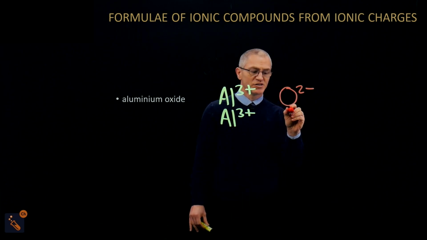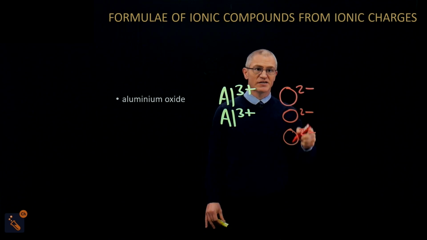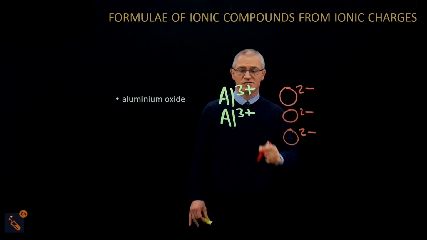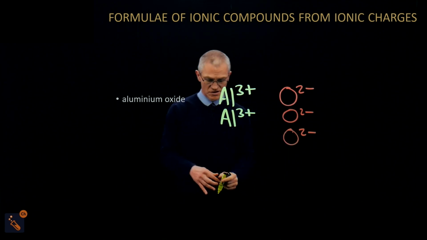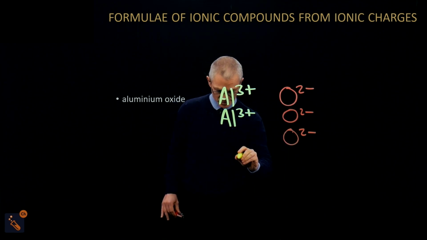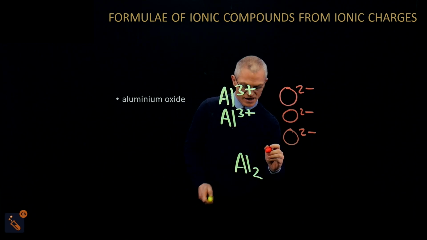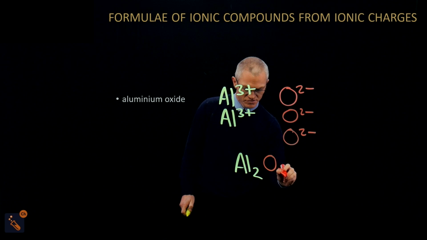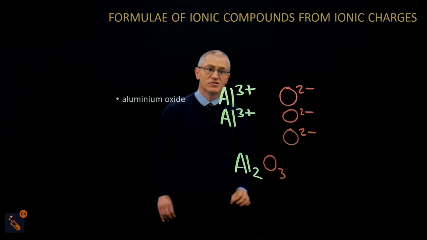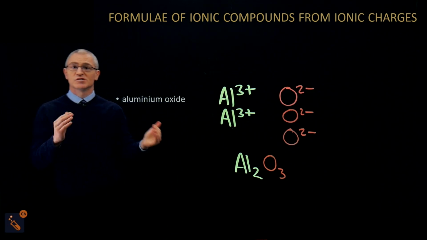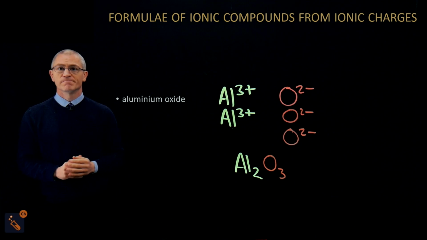And then that means the oxygen would be 3 of those, because 3 would add up to 6 minus, 6 plus, 6 minus, which means we can then write the formula as Al2O3. So the formula of aluminium oxide is Al2O3, either by swapping the numbers over or by looking at the common multiple.